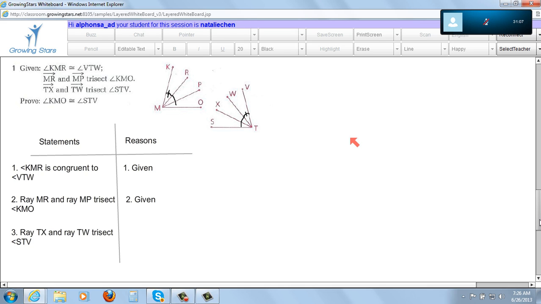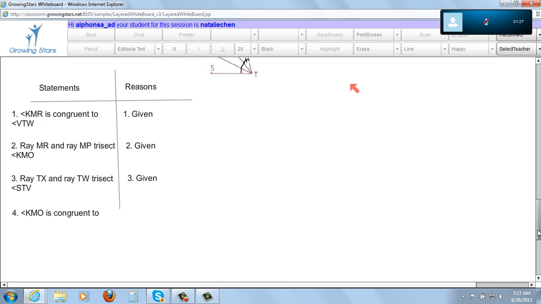So here, same side consecutive interior angle theorem, right? Consecutive interior angle theorem.